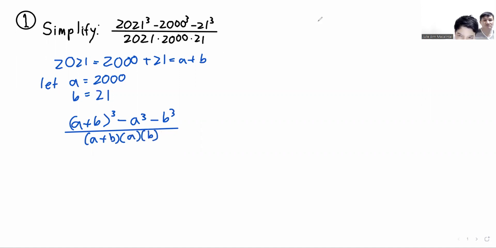Okay, and now I will be showing the expansion of A plus B cubed.